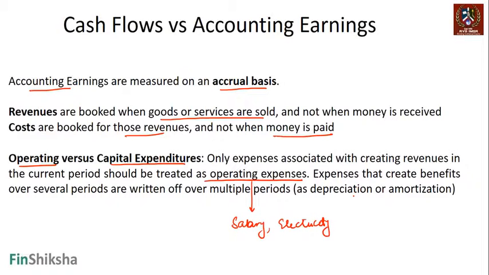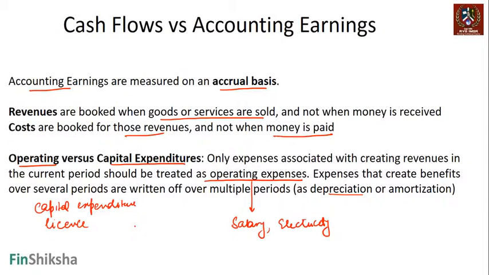Expenses that create revenue over several periods should be written off over multiple periods as depreciation or amortization, right? Examples of this would be any kind of capital expenditure that you're doing, any kind of license expenditure that you're doing. So for example, telecom companies go and take a license. So essentially that is amortized over a period of time. License being an intangible asset will get amortized over a period of time.